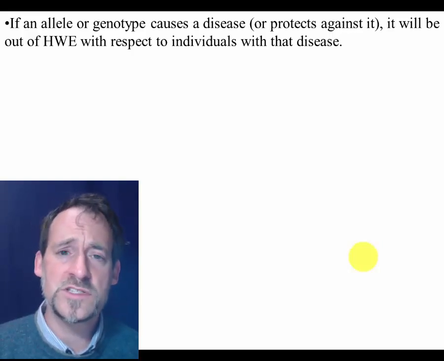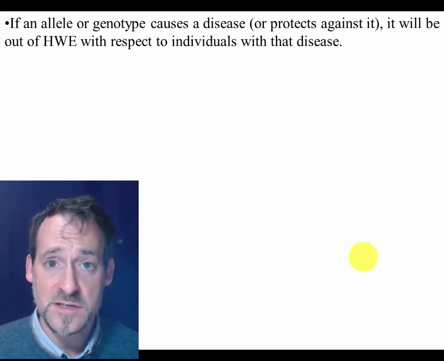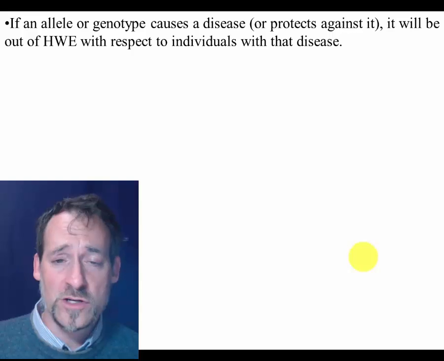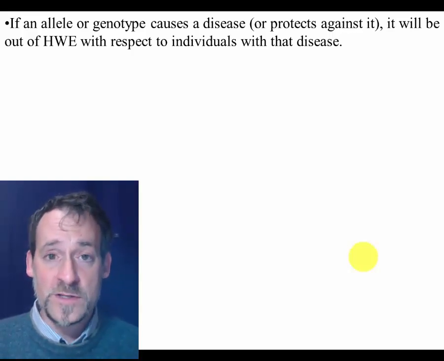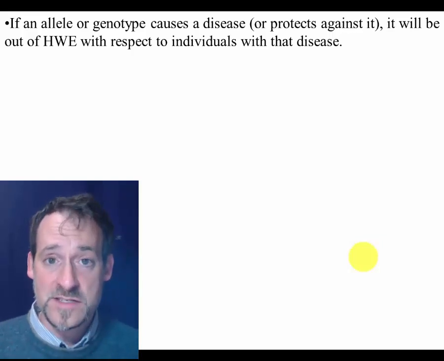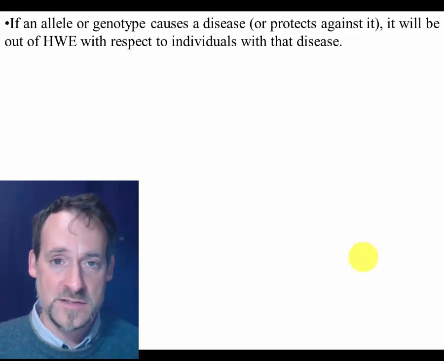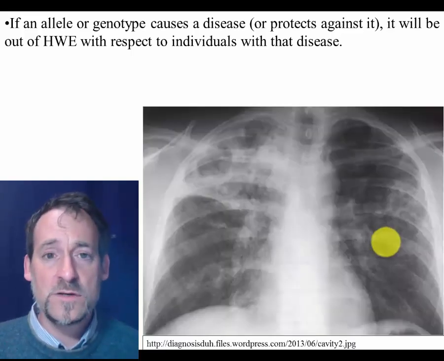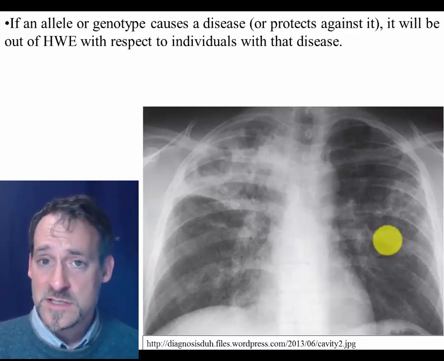If an allele or a genotype is associated in some way with a disease, either positively or negatively, it won't be at Hardy-Weinberg equilibrium when you look at a group of individuals that have that disease, or if you specifically look at individuals who do not have that disease. This has been used in literally hundreds of published research studies that you see these days.